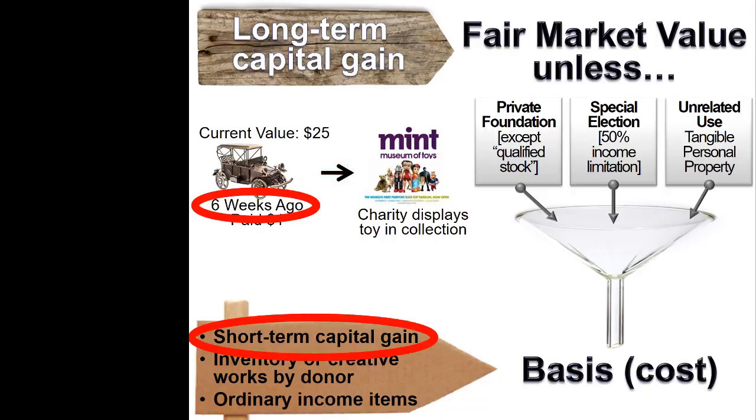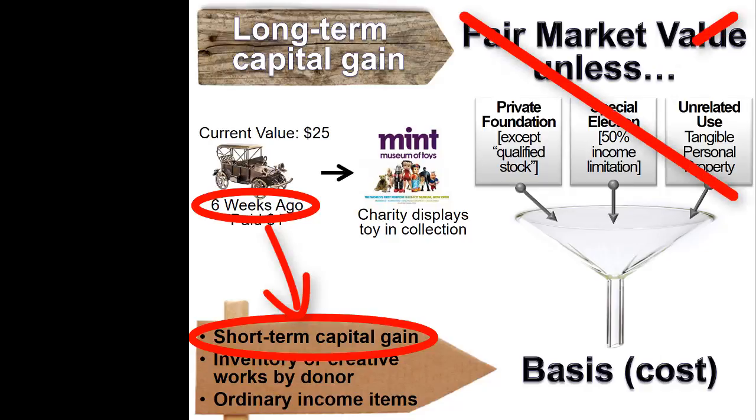The answer to this question is actually simpler than it may seem at first. Because the donor has owned the antique toy car for only 6 weeks, it is short-term capital gain. Because it is short-term capital gain, the rules concerning related use or unrelated use, tangible personal property, become irrelevant.